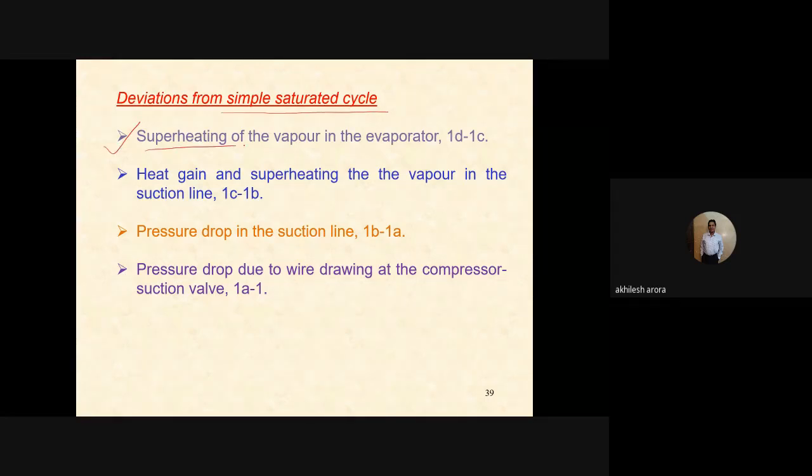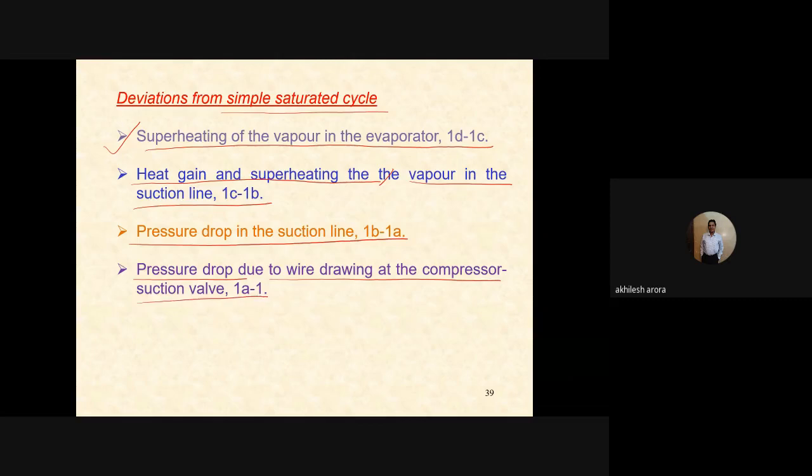The first deviation is superheating of vapor in the evaporator from 1D to 1C. Then heat gain and superheating of the vapor in the suction line from 1C to 1B, then pressure drop in the suction line from 1B to 1A, then pressure drop due to wire drawing effect at the compressor suction valve from 1A to 1.